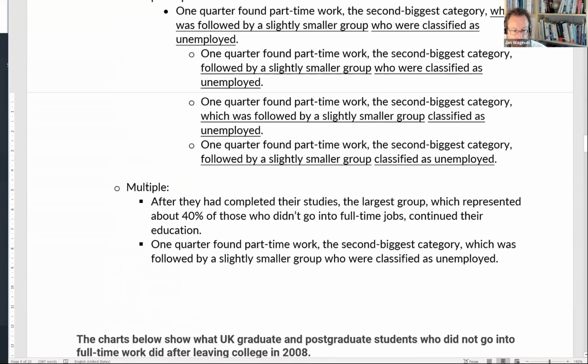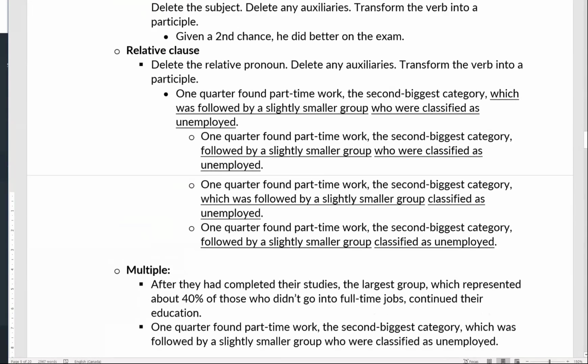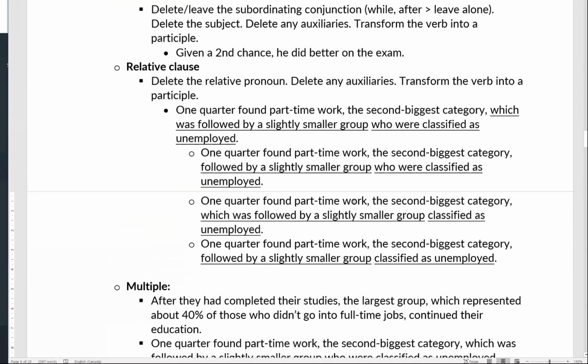Okay, there's a couple more examples. Ian, why not put the comma after group here on the third one before the classified? You can put a comma, you can leave the comma out. Very often, if a modifier comes afterwards, there's no comma. Like if you say in the morning, comma, I eat breakfast. If you flip it around and say I eat breakfast in the morning, you don't put that comma in.